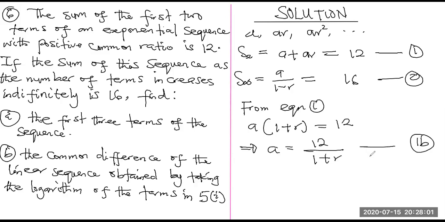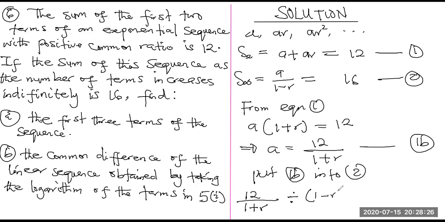So if we now put 1b into equation 2, whenever I see A, I'll put this. So I'm going to say 12 over 1 plus R, divided by 1 minus R, equals 16. I separated this division, I wrote it this way.